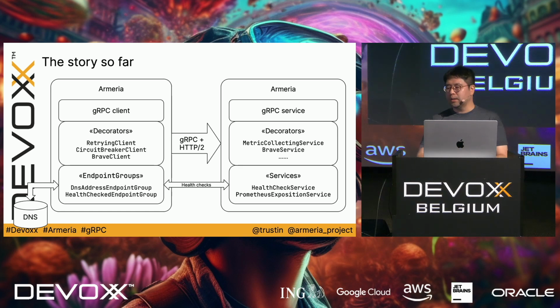So at this point, Armeria adds more value, which is not available in gRPC Java or any simple gRPC implementation.